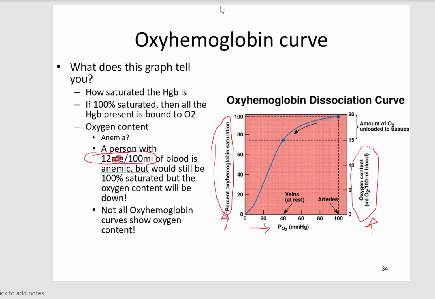And again, in this picture, it is assuming a normal hemoglobin grams percent. Again, that should not have read milligrams on my slide, but instead hemoglobin grams percent of 14 to 16 grams percent.